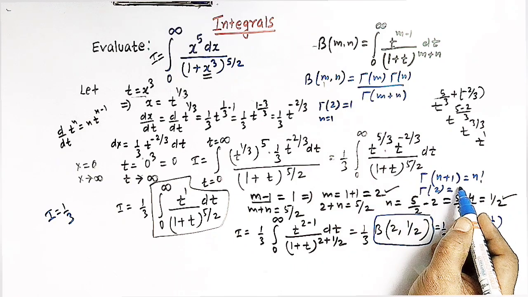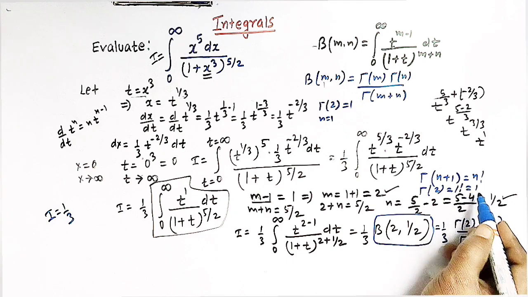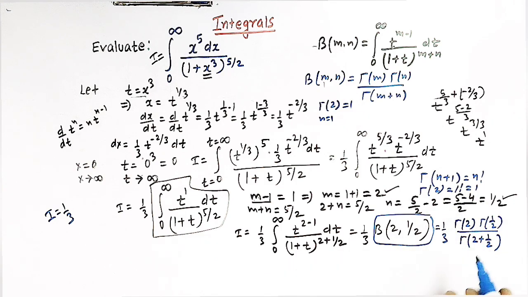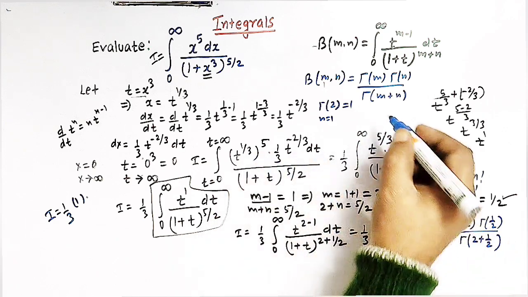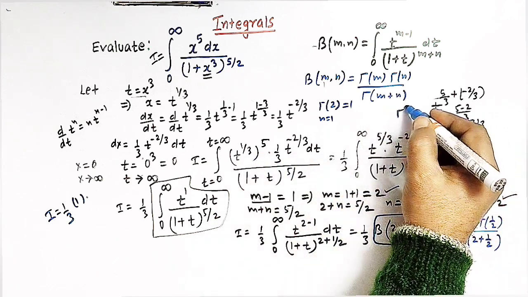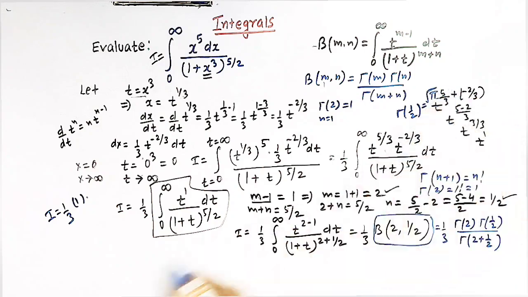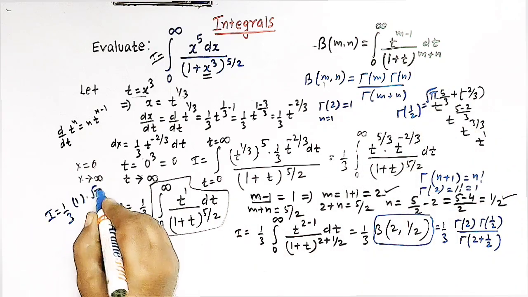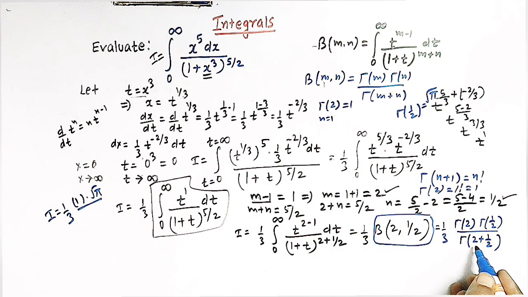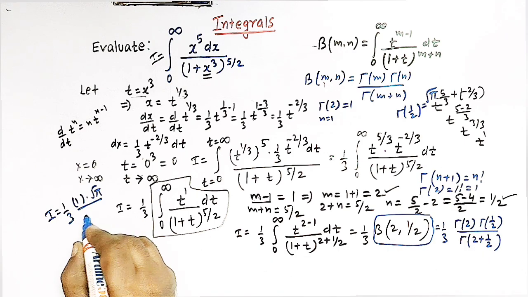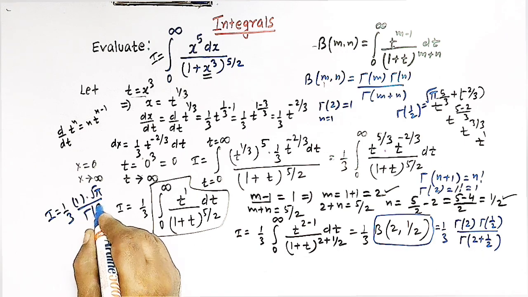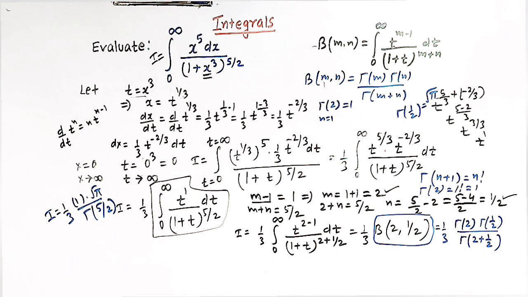So gamma 2 is 1 factorial, that is simply 1. And here we have gamma half, which can be written as square root of pi. So here we have square root of pi, and in the denominator we have gamma of 5 over 2.